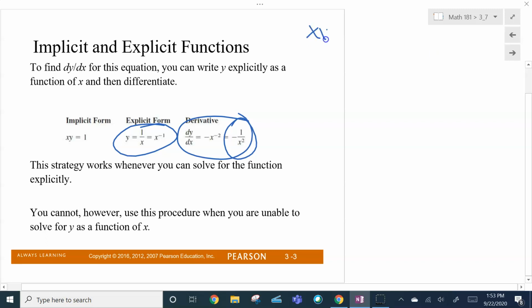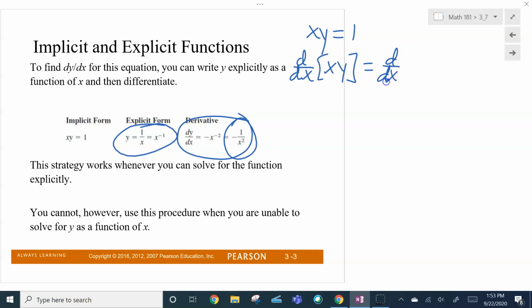So we have xy equals 1. If we do this implicitly, so implicit differentiation, let's go ahead and do that. You'll notice we can actually end up with the same thing.